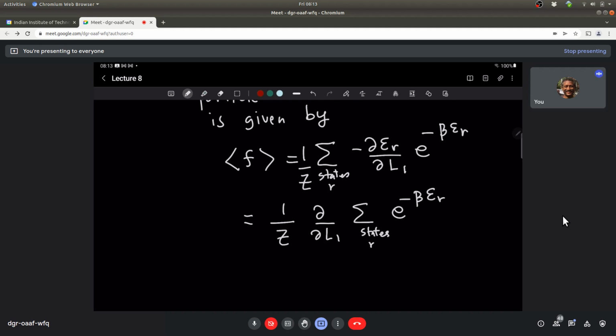But when I differentiate this with respect to L1, we have to divide out by a beta, because a beta epsilon will come down. You take this derivative through the summation, and it's easy to see that the formula reduces to this. Okay, but what is this?